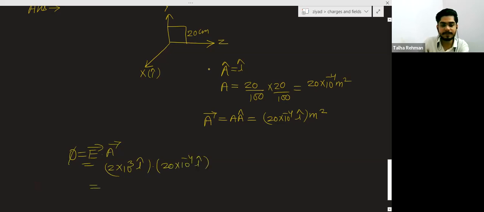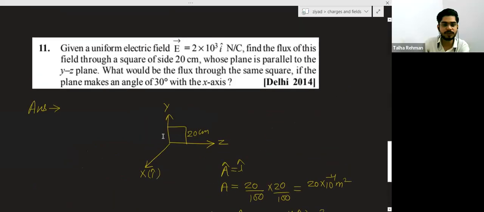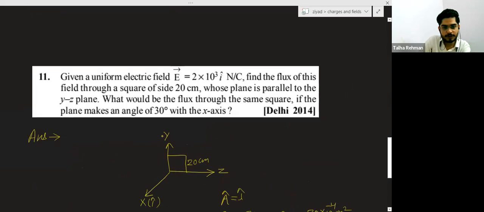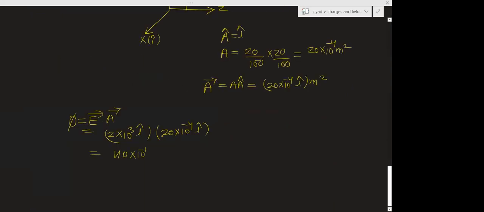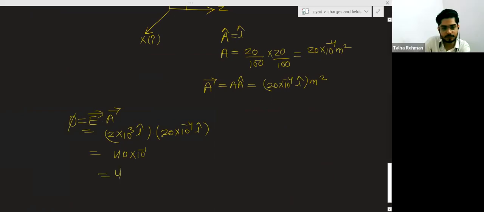Again, I cap dot I cap is 1, and you just multiply 2 into 20. This will become 40 into 10 to the power minus 1, which is 40 by 10, and you get your answer, 4 volt into meter.